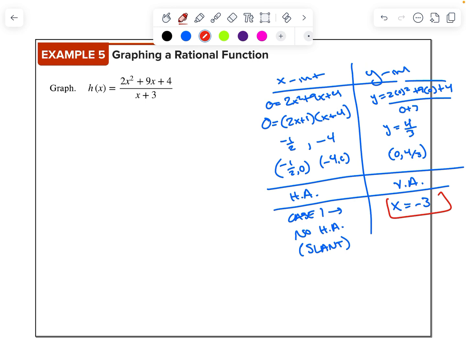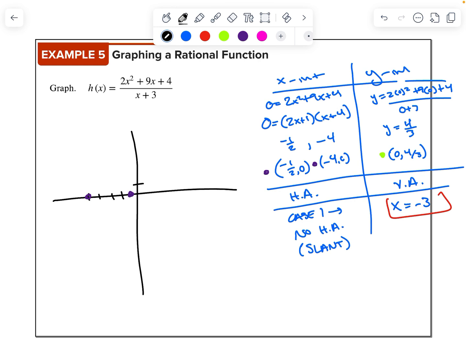And so I'm going to graph these in red. I'm going to graph this in yellow. I'll graph these in this purple color, and we'll see what happens here. So we have the point -4, 0. The point -1/2, 0.